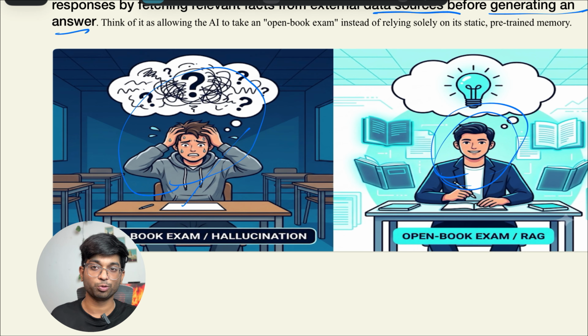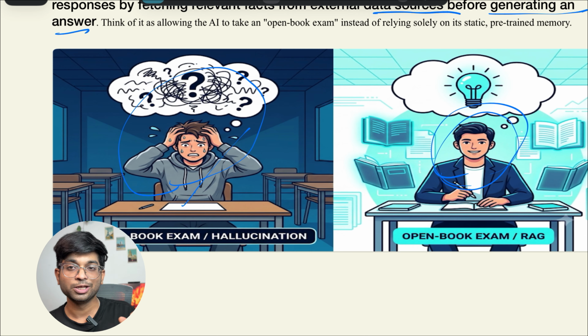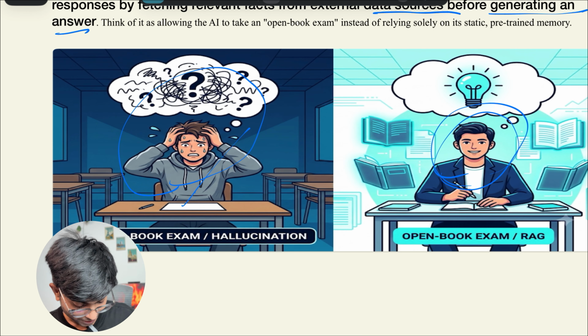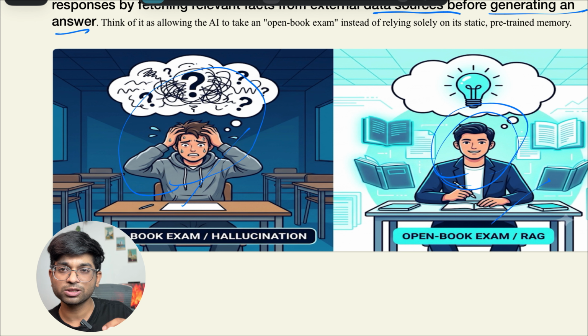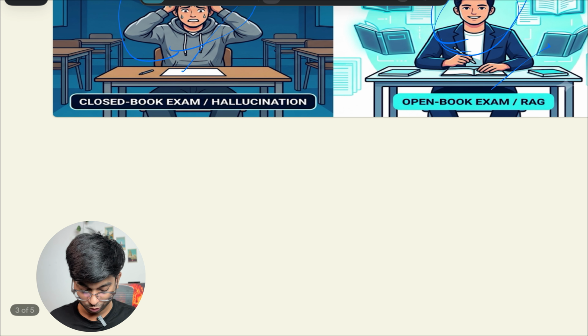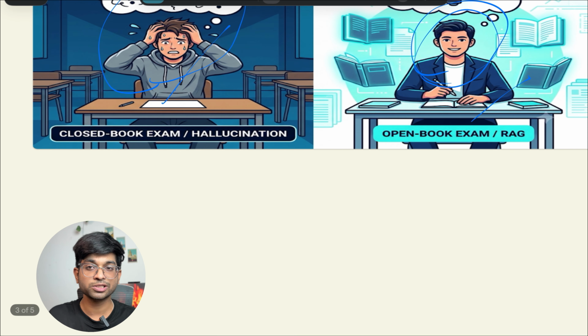It is called open book memory. So in that case, you have an open book exam. You can just search what the teacher is asking. If he's asking something about a very current affairs topic, you will just glance at the book and answer on the basis of that. So this is the RAG system. We'll understand what a RAG is and how the system behaves if RAG is not present.